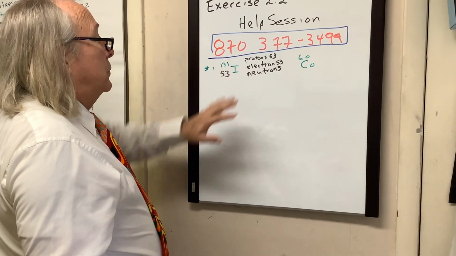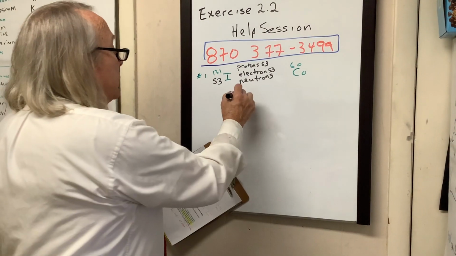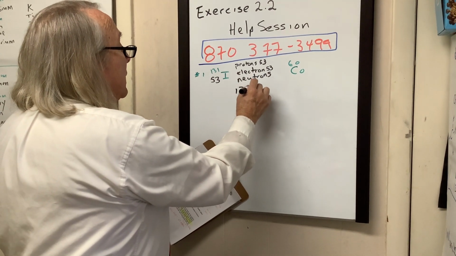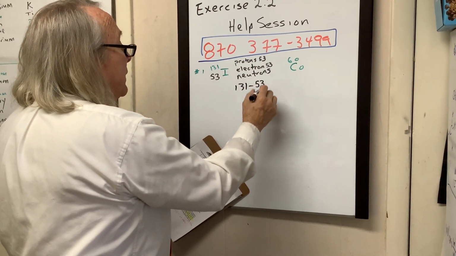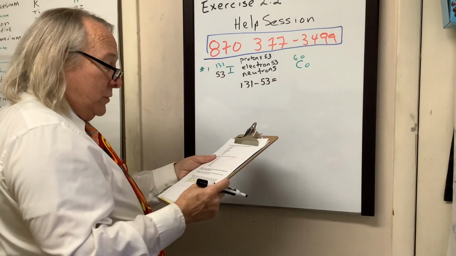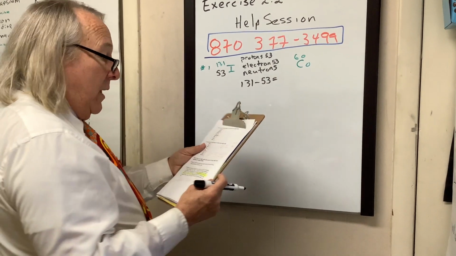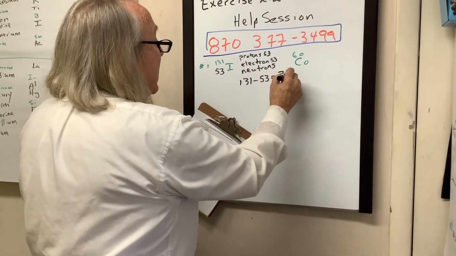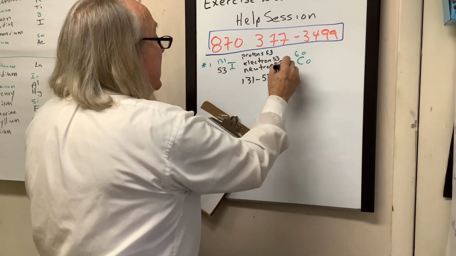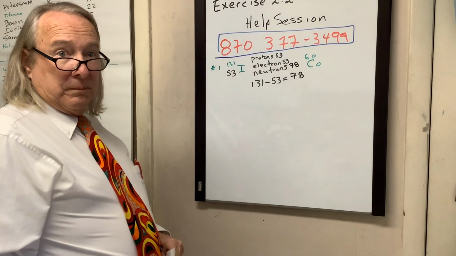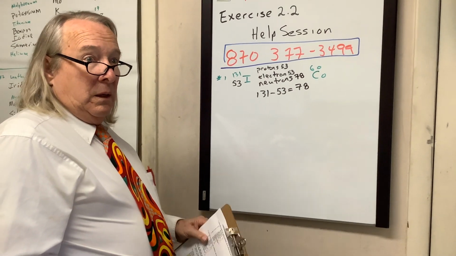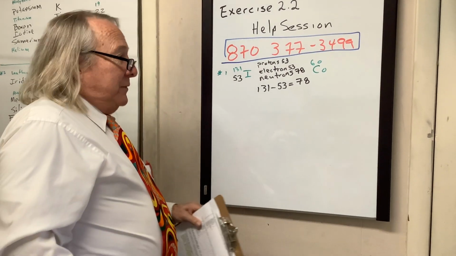The protons and neutrons each have a mass of 1. If my total mass is 131 and my protons weigh 53, the number of neutrons is the difference between them. And so that would be 78. So there are 78 neutrons. Okay? Use the calculator if you have trouble with it.